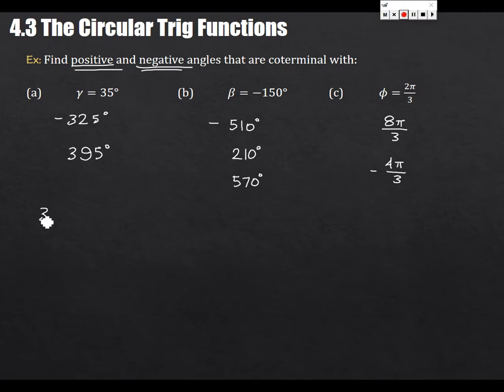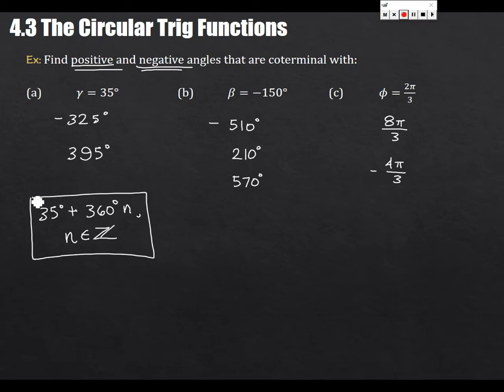Do you think we could write down every single coterminal angle all at once? Yeah, maybe we could write it this way. 35 degrees plus 360 times n or something, right? Where n is any what? Not any real number.